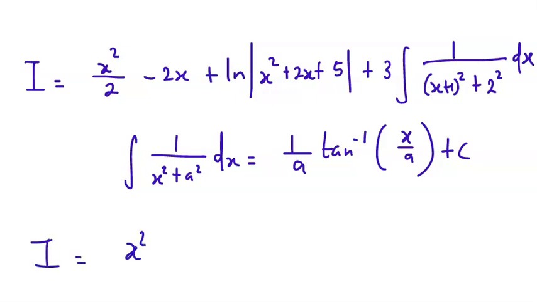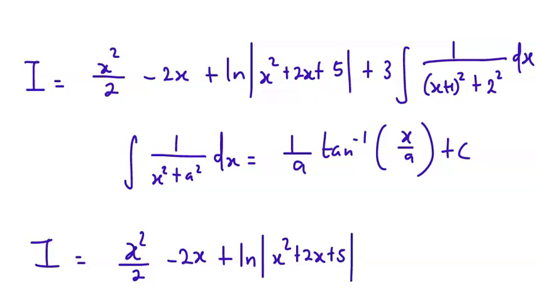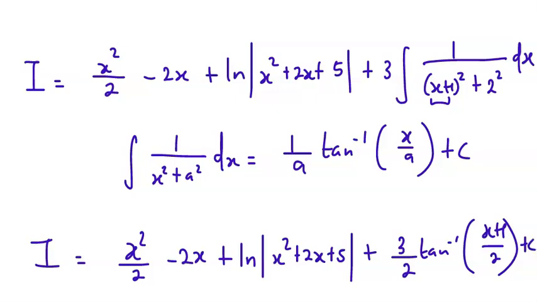So we have x squared divided by 2 minus 2x plus the natural log of x squared plus 2x plus 5 and then plus 3 over 2 multiplied by the inverse tangent of x plus 1 divided by 2 and then plus c. So this is our solution.